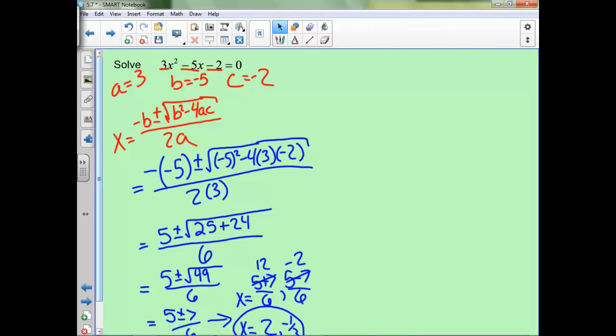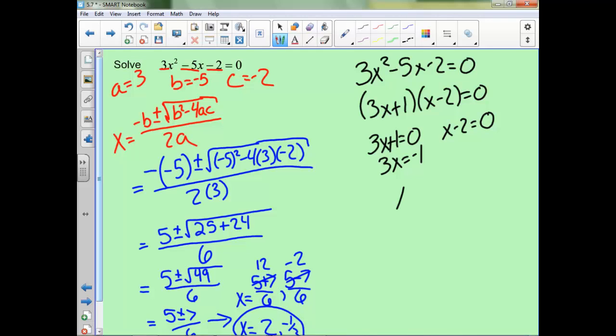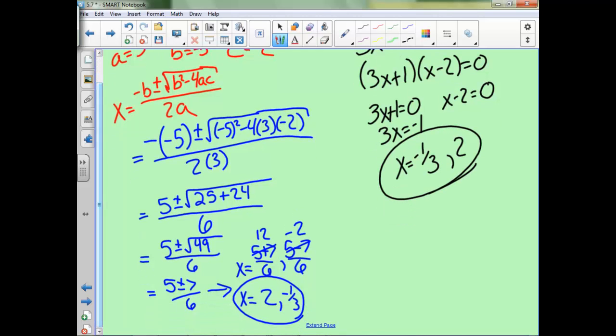If we did factoring, this would factor into 3x plus 1 and x minus 2. Notice we get the same thing, and that's fine. If you can do factoring, it's probably going to be a little shorter, but we know that the quadratic formula always works, whereas factoring does not.